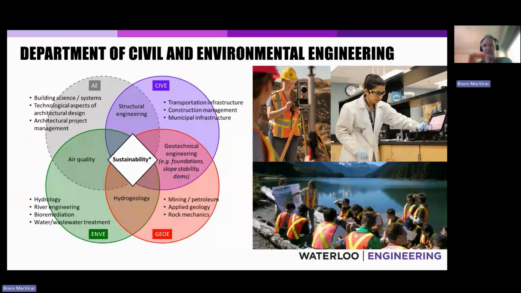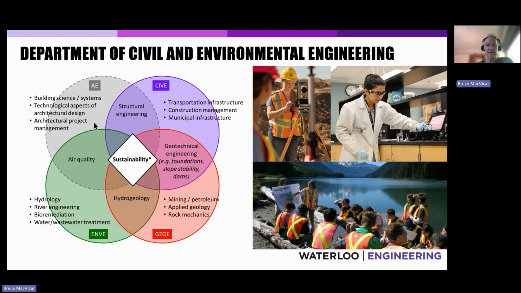The Department of Civil and Environmental Engineering, as I mentioned, has four programs. So ENVI, that's our short form for environmental, is down here on the left. So that includes things like hydrology, as I mentioned, river engineering, as I mentioned, other things like bioremediation or water and wastewater treatment. It also shares things with other programs within the department.